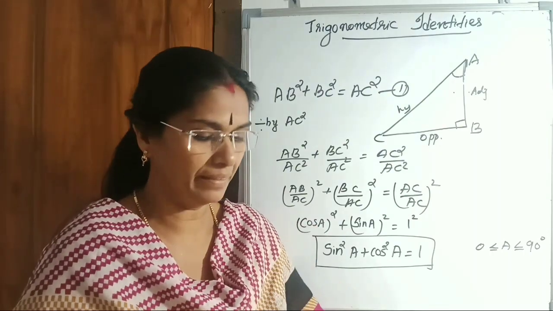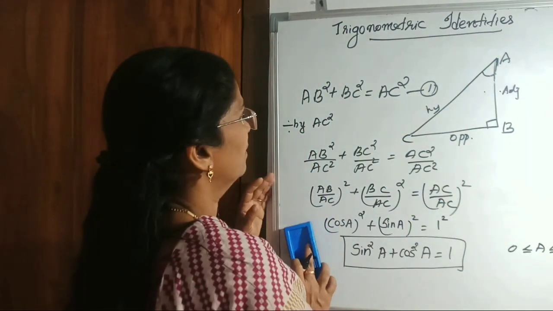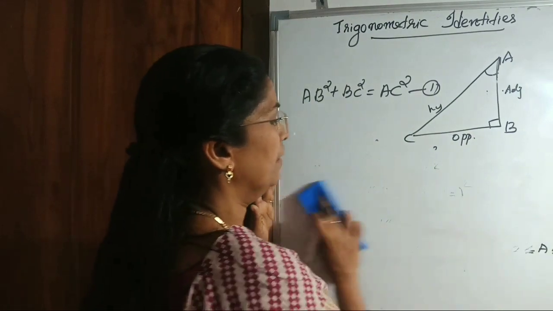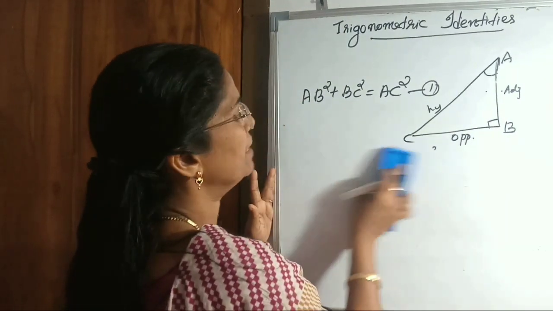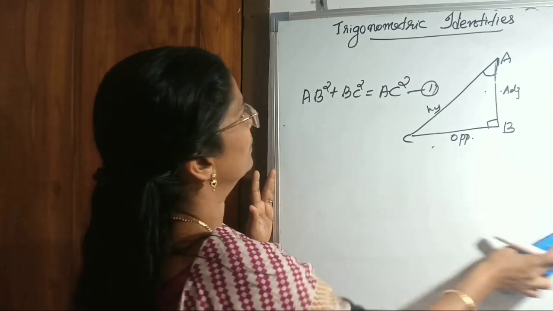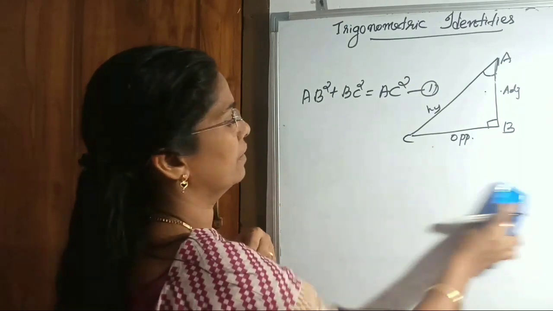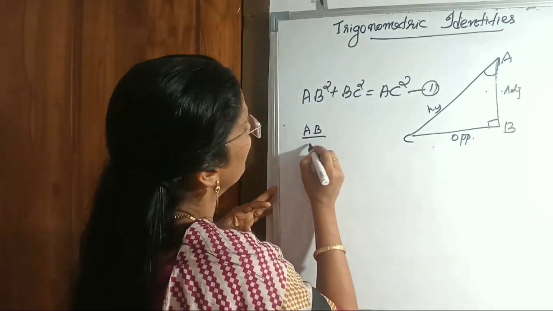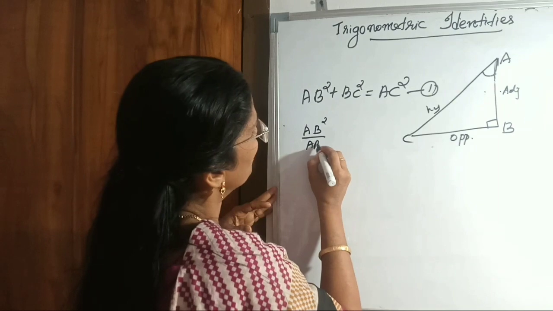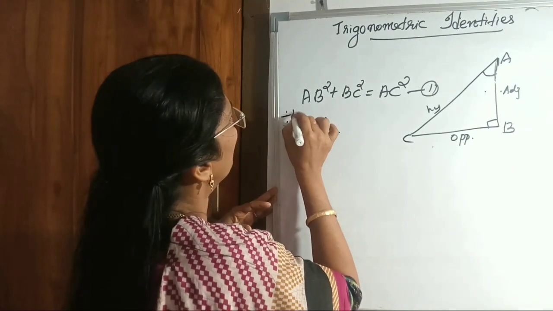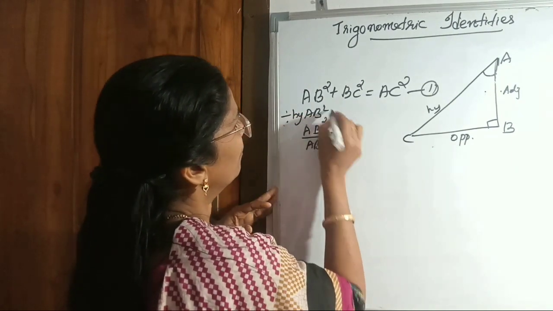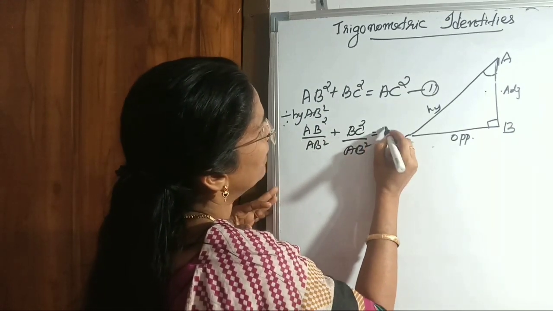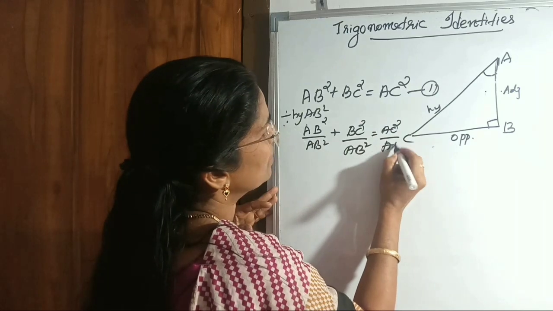First identity done. Second identity: the same method we used in the first, now dividing equation 1 by AB square. So this becomes AB square by AB square plus BC square by AB square equal to AC square by AB square.